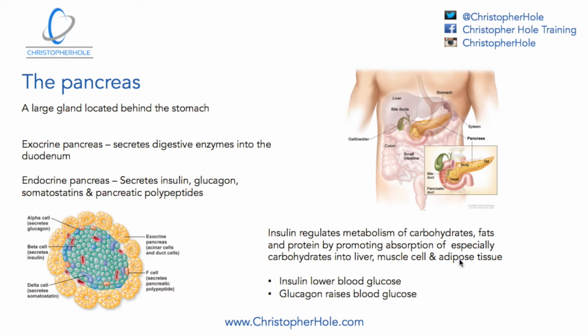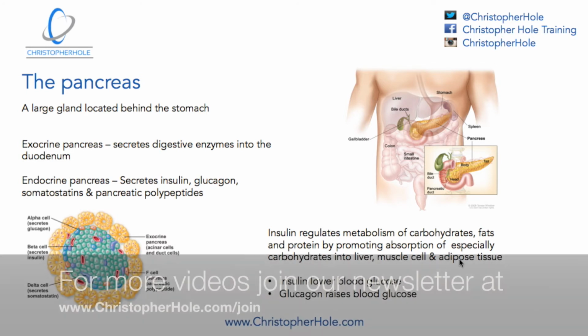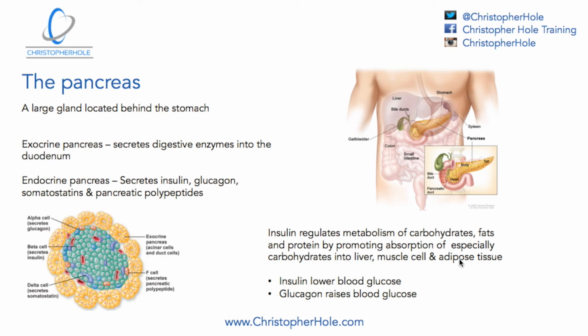That can be converted into what's called triglycerides and then transported to the adipose tissue. If we're talking about the liver and the muscle cell, that will be converted into glycogen and then put in the liver and then put in the muscle cell. But when those become full, it will then get converted to triglycerides and put in the adipose tissue, for want of a more simple way of describing it, if you will.